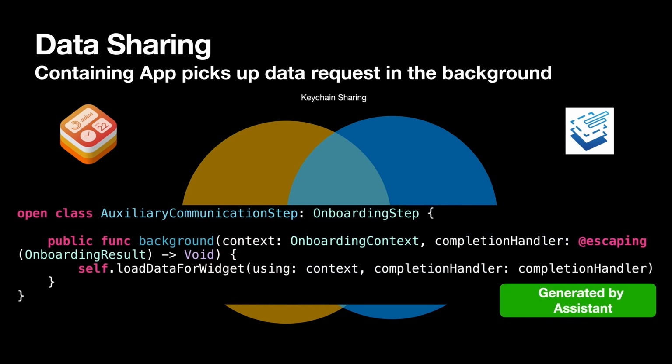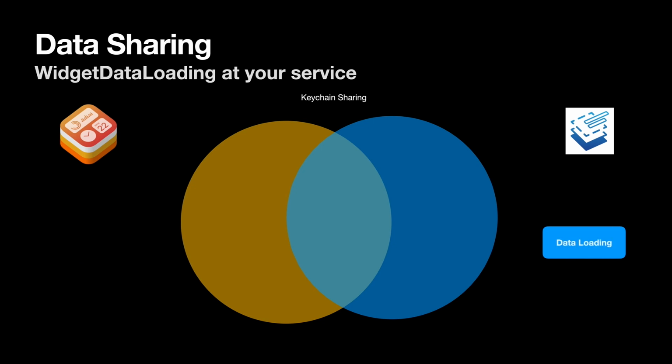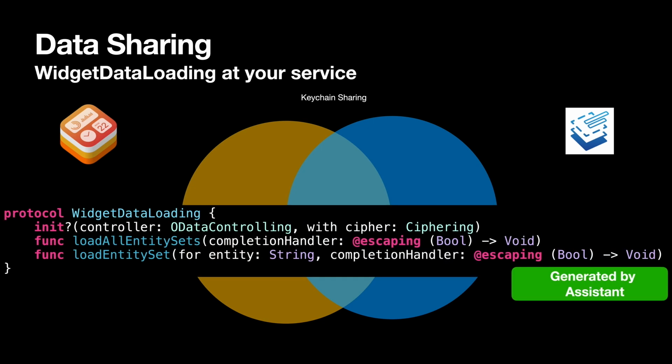The newly generated auxiliary communication step, which has registered steps for the background flow, will invoke the data loading by asking all types which conform to the new and generated widget data loading protocol.